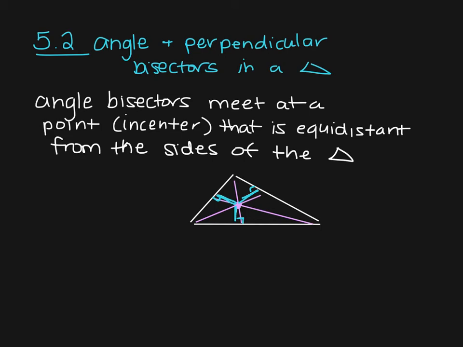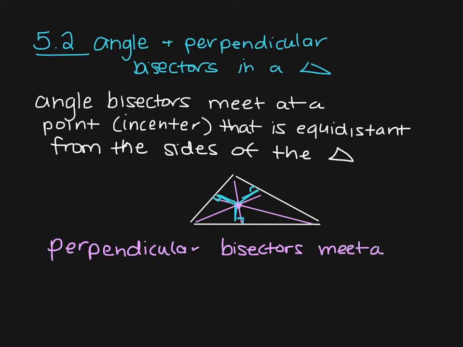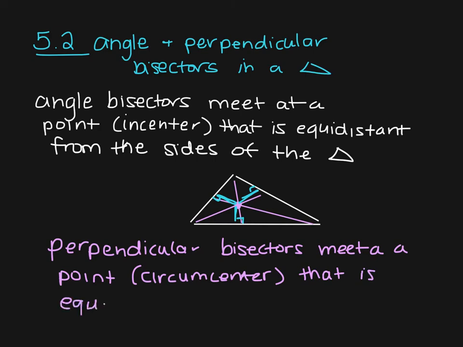And then the perpendicular bisectors meet at a point called the circumcenter, that is equidistant from the vertices.